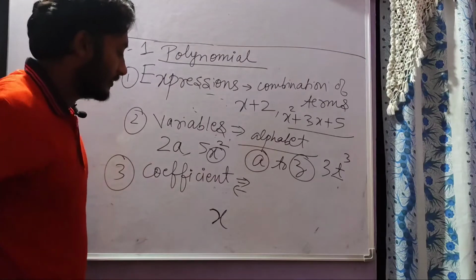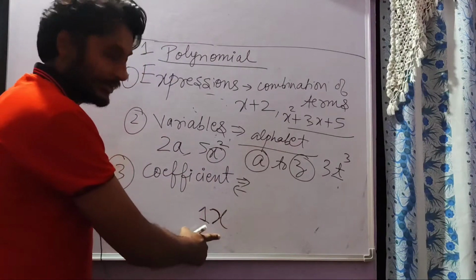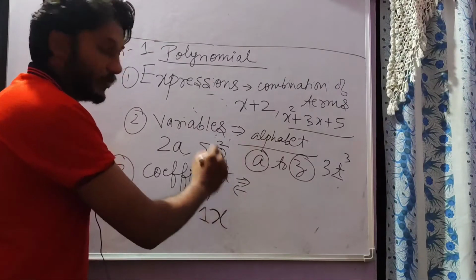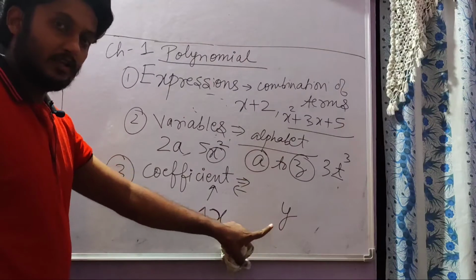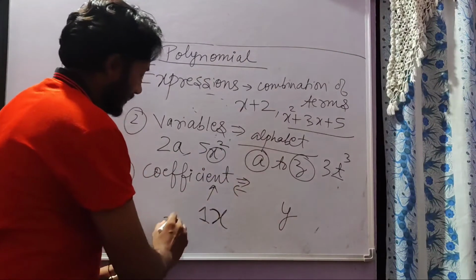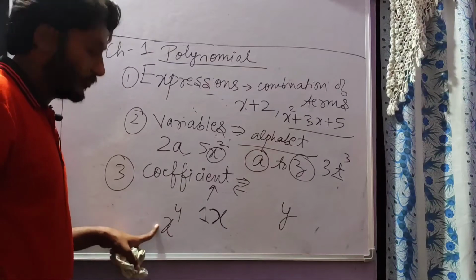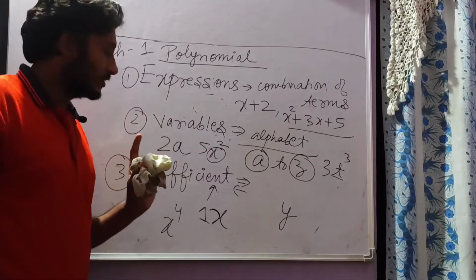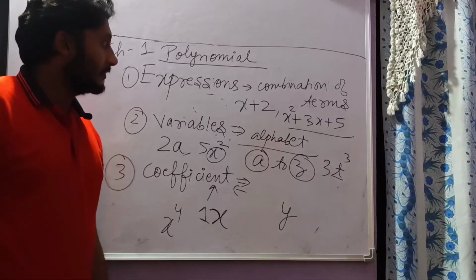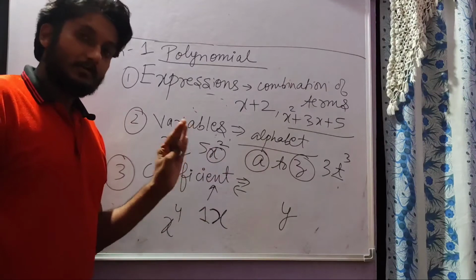Okay, we don't write 1, but if it is written x it means 1x. So what is the coefficient of x? 1. If it is written y, what is the coefficient of y? 1. If it is written x to the power 4, what is the coefficient? 1. Okay, so I hope you have understood the expression, variables and coefficient. So now we will follow with identifying the polynomials.